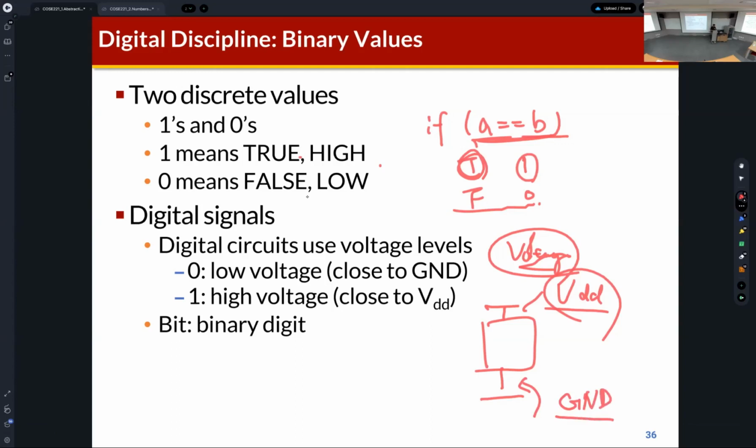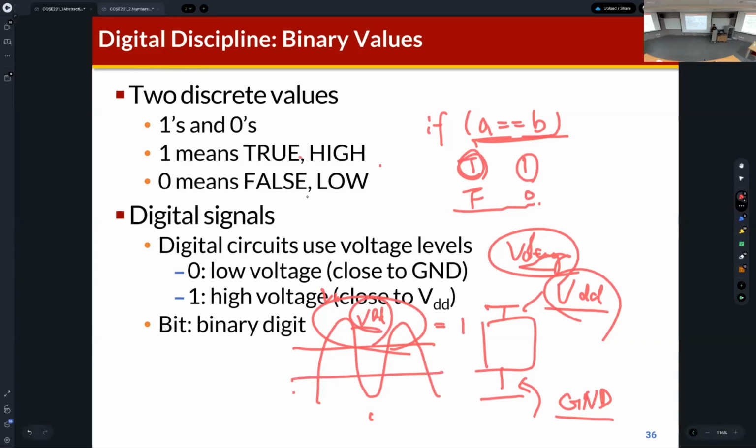Even though the real signal of the CMOS circuit is an analog signal that swings from VDD to ground, if the value is close to VDD, we say this value is 1, and if the voltage level is close to ground, 0 volt, we say this is 0.